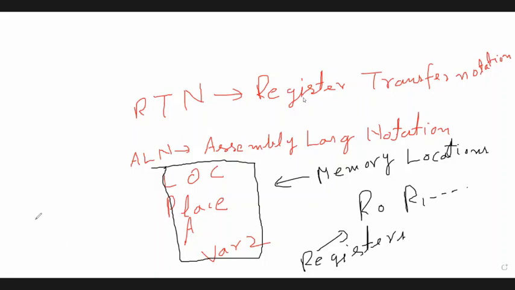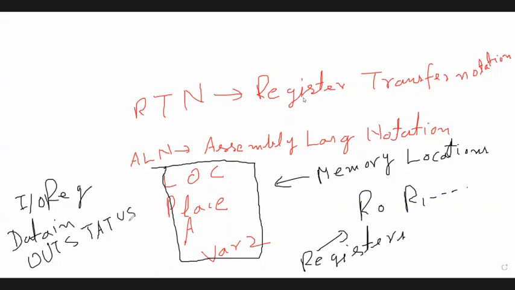And there is something called IO registers. IO registers are the locations by which you give output data to your input-output devices. So you take data and you send data through IO registers. For that, DATAIN, generally written in caps, and OUTSTATUS, these kinds of terms are used.